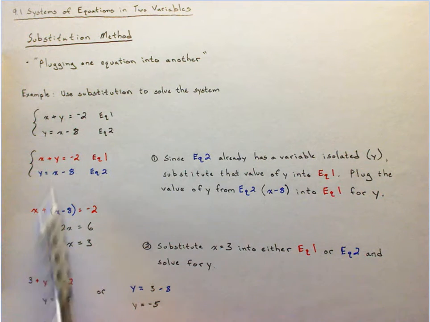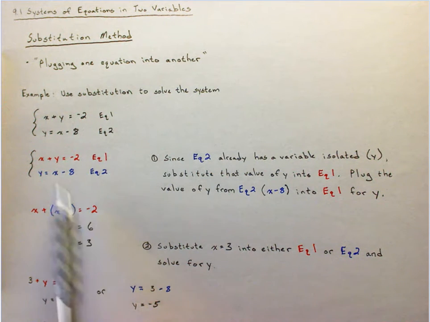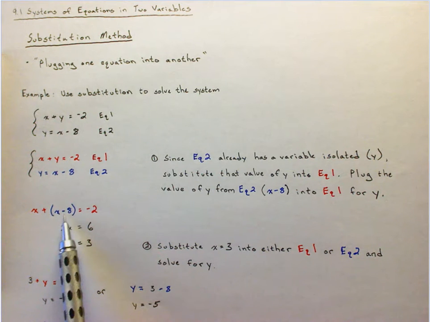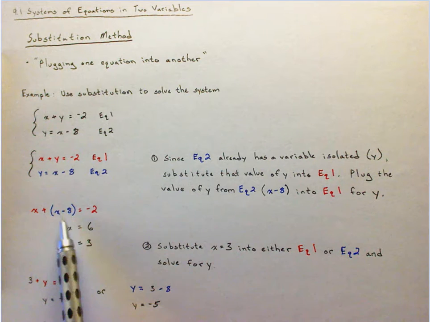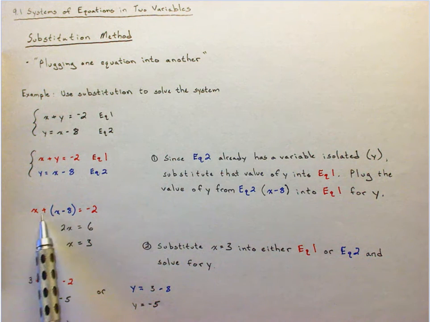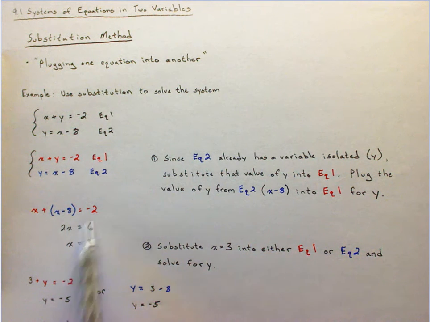I kept equation 1 written in red, and the portion of equation 2 I've kept in blue. So again, I took x minus 8 and plugged it in place of y. I end up with x plus x minus 8 equals a negative 2. Combine like terms, solve. End up with the value x equals 3.